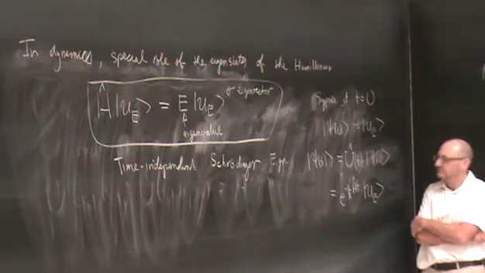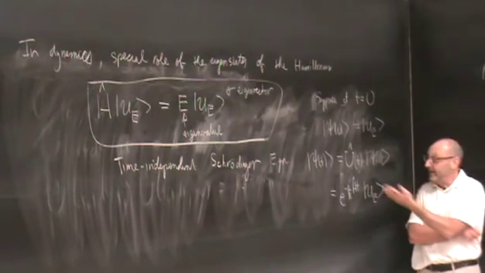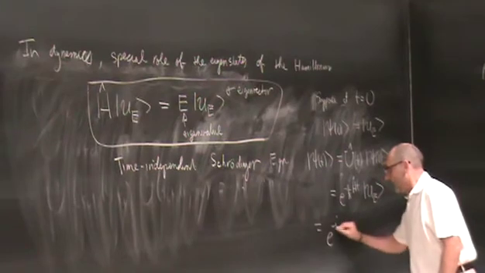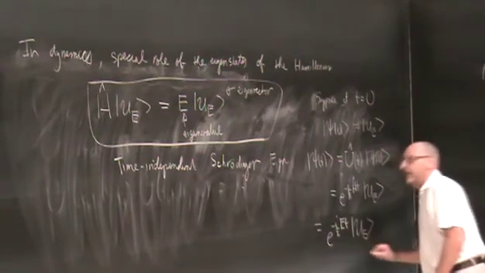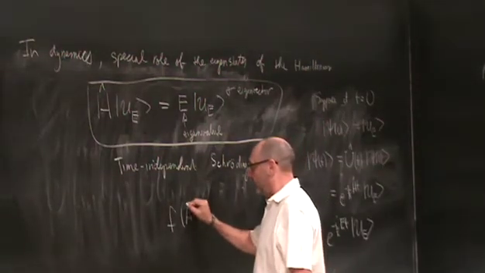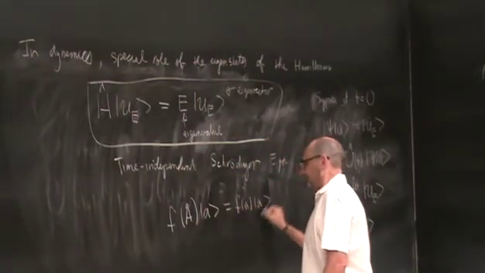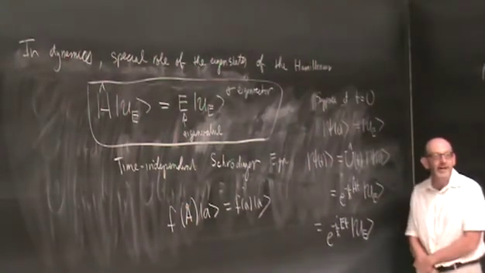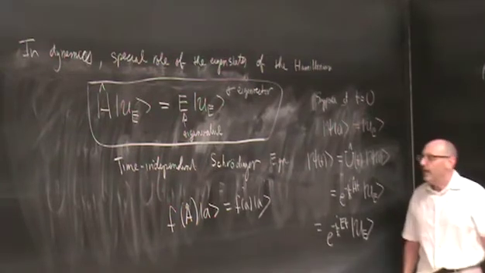Yes, this is the power series. So this is equal to e to the minus i over h bar times the energy. Here's a little aside: if I have a function of an operator acting on that, that is equal to the function of the eigenvalue. So I just have to replace the operator by its eigenvalue. That's a rule to keep in mind.